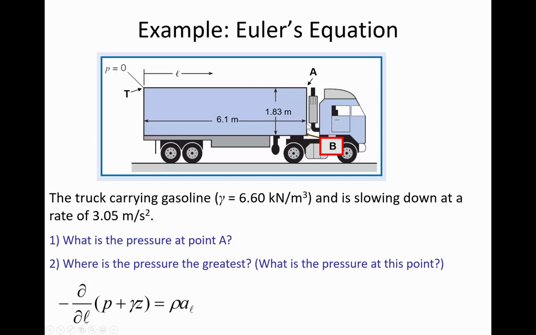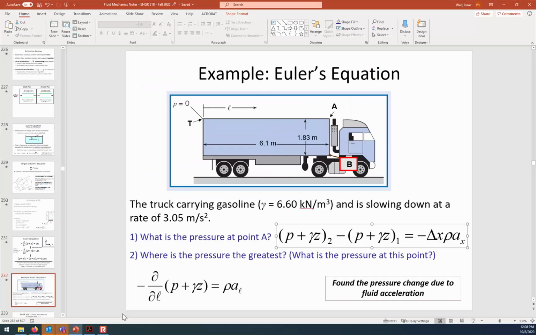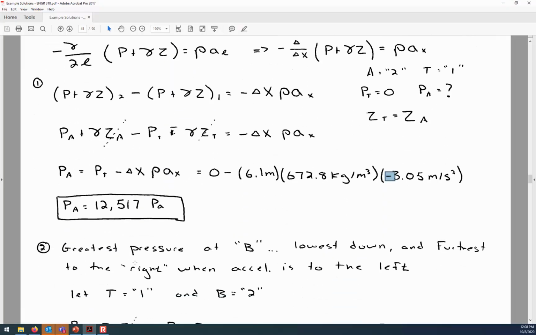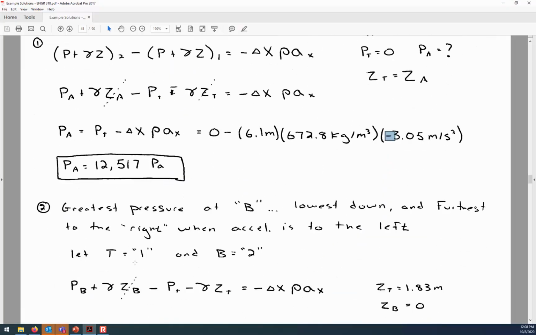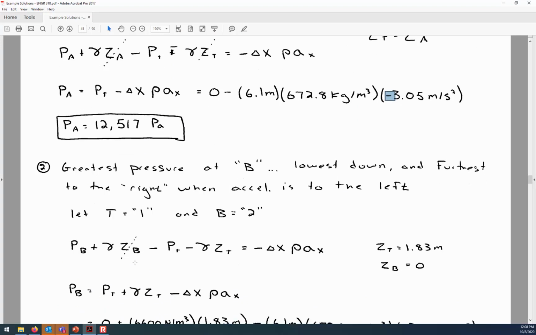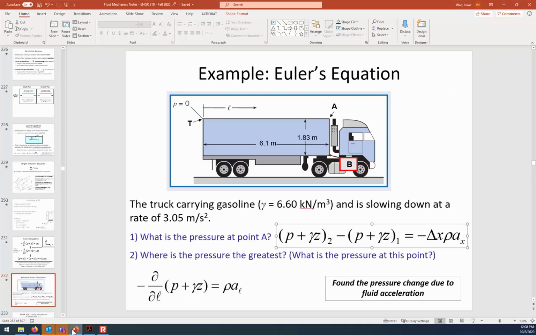So what we can do is we can apply Euler's equation from T to B. And that's what I do in the illustration of the solution here. I say, let's apply, the acceleration is still in the horizontal direction. And so location B is 2, and location T is 1.